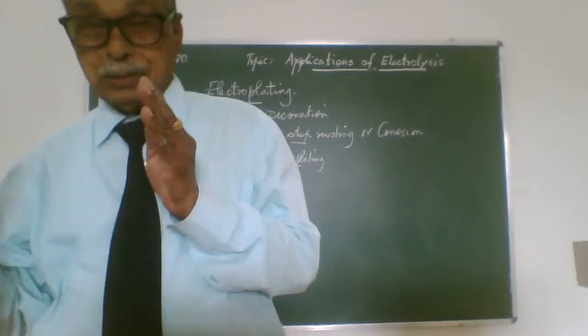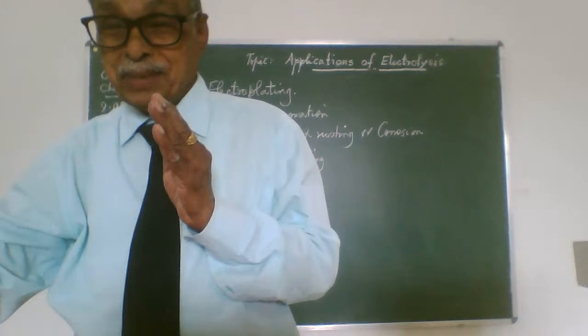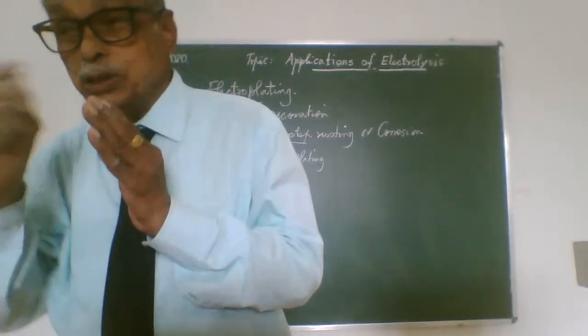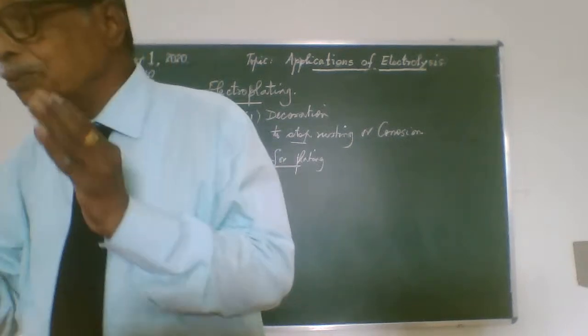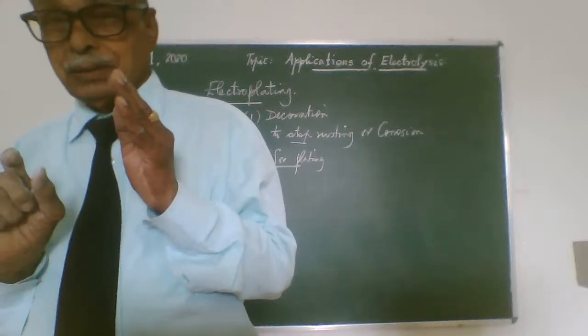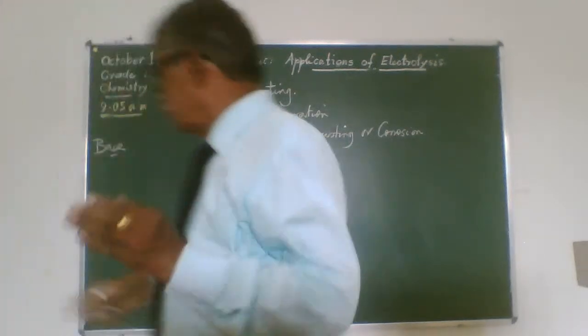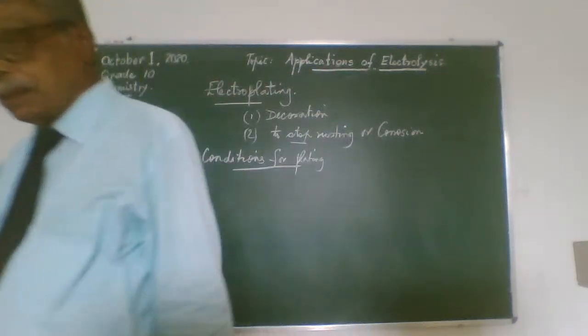Cathode is connected to the negative of the battery, so it has got electrons there. Cu2+ plus two electrons will change into Cu and get deposited there. So the article to be plated should be used as the cathode.